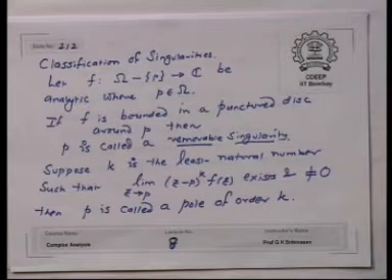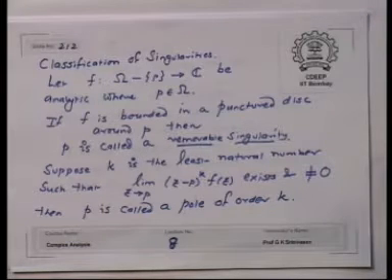What is Riemann's removable singularities theorem? Yes. If you have a function which is analytic in a punctured disk, punctured at p, and if the function is bounded, then the limit of f of z as z tends to p exists, call it L, define f of p to be L, then this extended function is analytic.